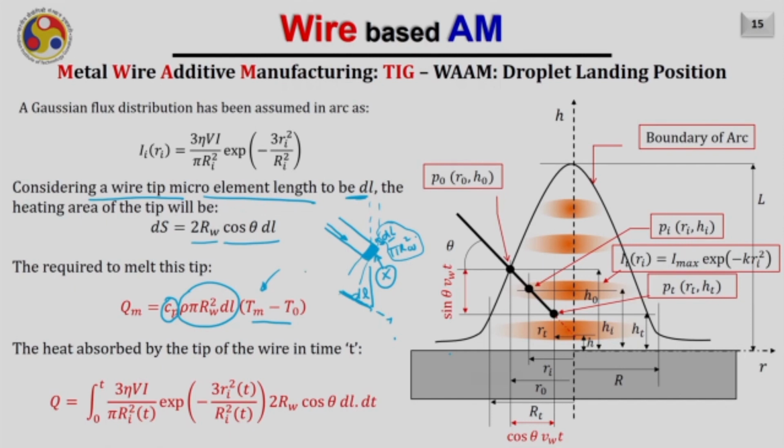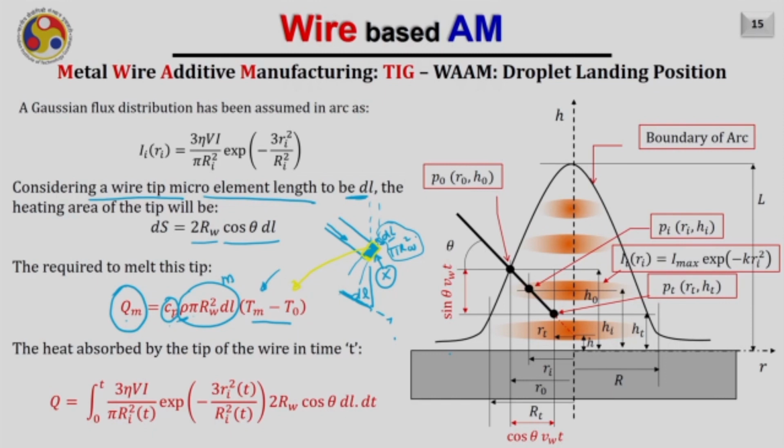And if I multiply it by density rho, that will give me the mass, and as a result Qm will be equal to Cp rho pi Rw square dl bracket Tm minus T naught. So this much energy is required to melt this tip of the wire of dl length. So this tiny tip what you are seeing here requires this much energy.